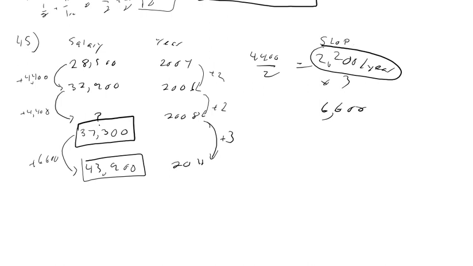This is like our y values, and the year is like our x values. So we took our change in y divided by the change in x. The change in y was 4,400. The change in x was 2 years. And that's how slope works.